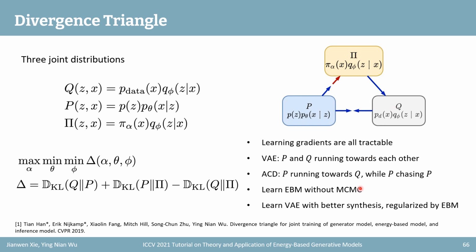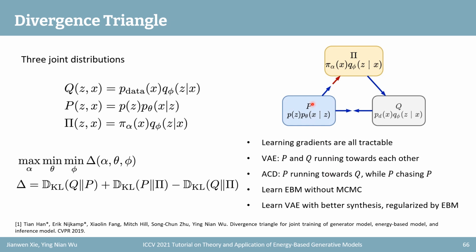So in this way, we can learn the energy-based model without MCMC because we use the generator as an approximate sampler. And also we can learn the VAE or generator model with better synthesis because now the learning of the generator model is actually regularized by the EBM as the target density.